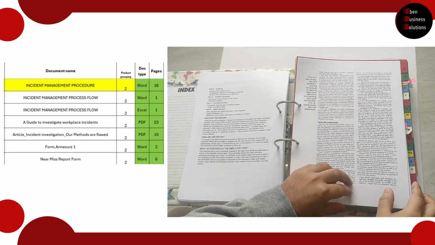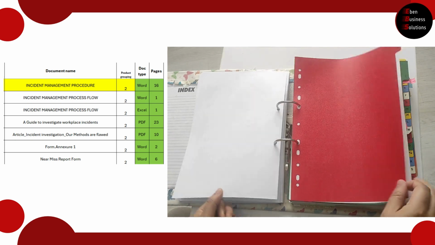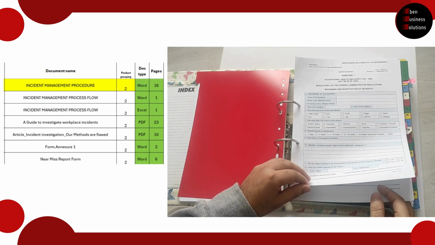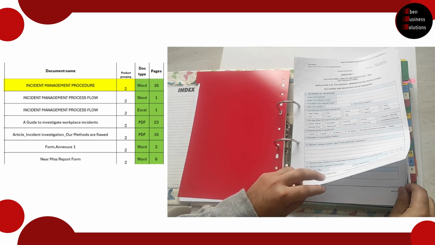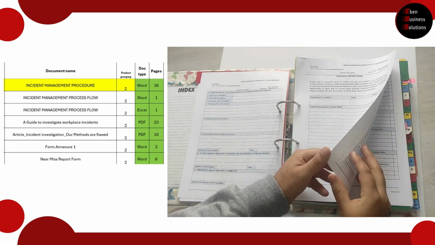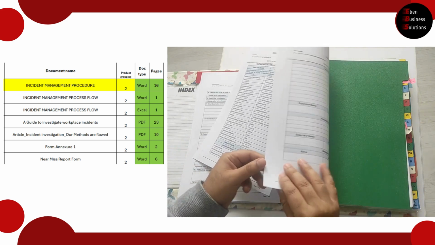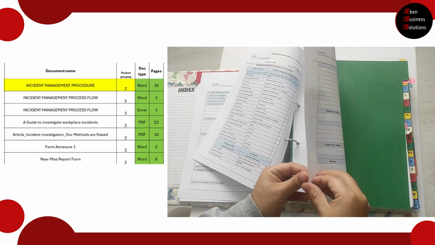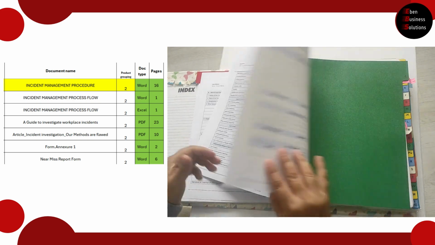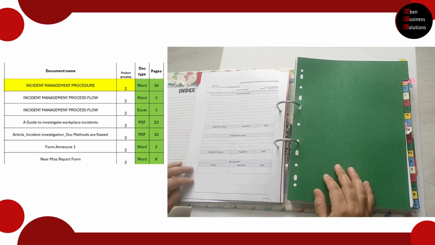And this is an article about the 5 whys. And then this is an extra recording and investigating a report, and this is the near miss report form, which helps you identify what was the reason for the incident, and then it gets signed off.